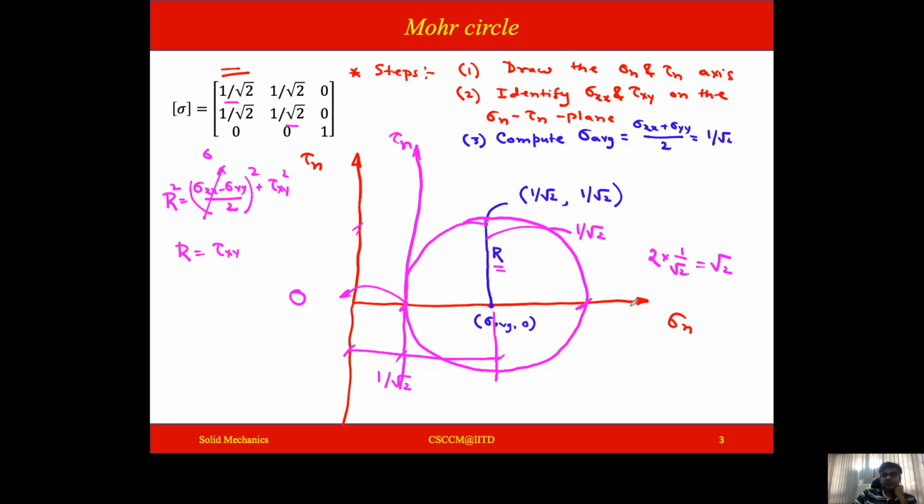The radius is 1 by root 2 and the diameter is twice 1 by root 2, which is root 2. So the principal stresses are root 2 comma 0. And obviously the third one is 1.